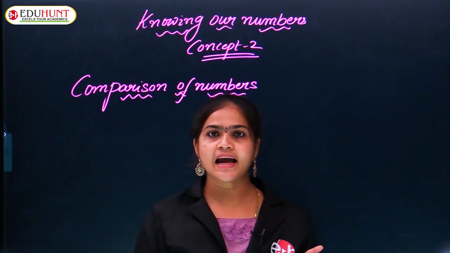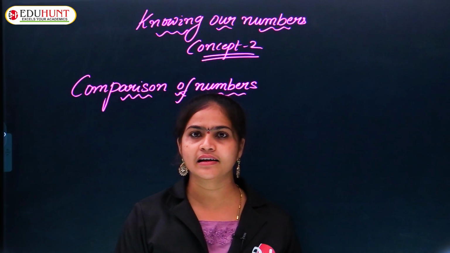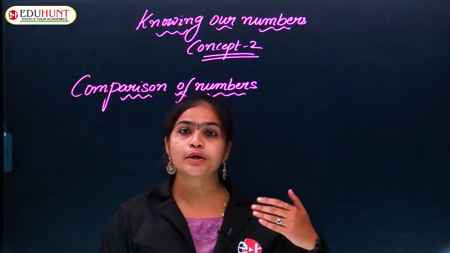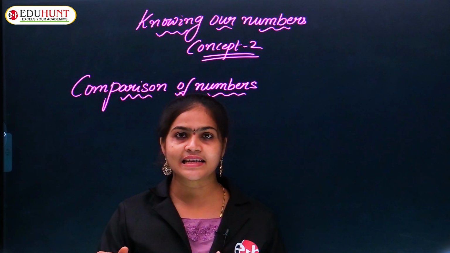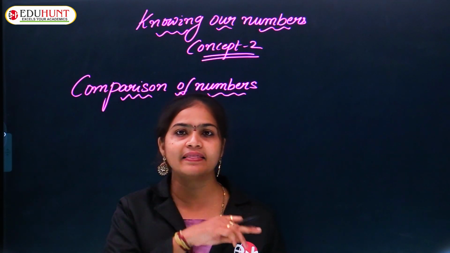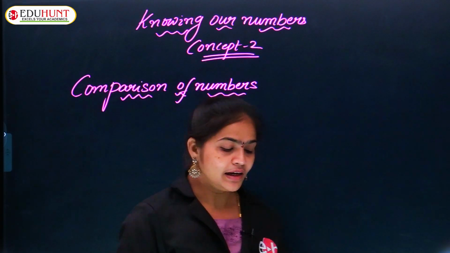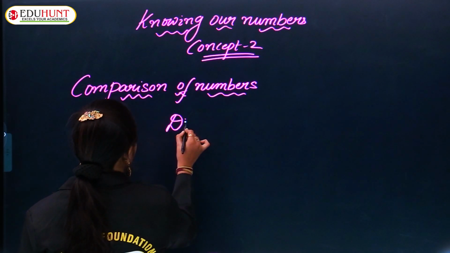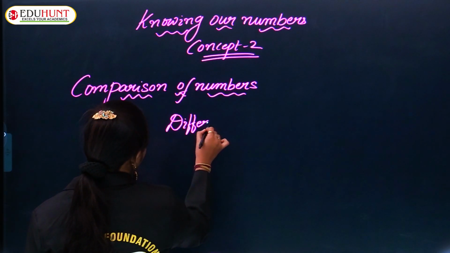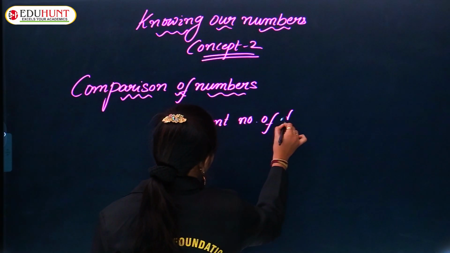If two numbers have different numbers of digits, then the number which has more digits is the greater number than the other. That is the first point: different number of digits.